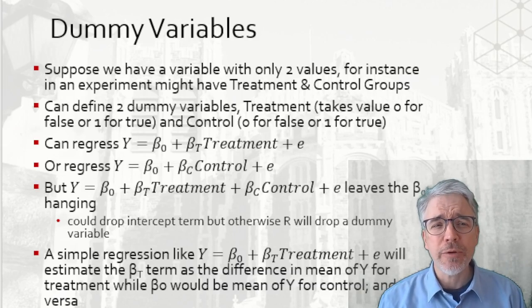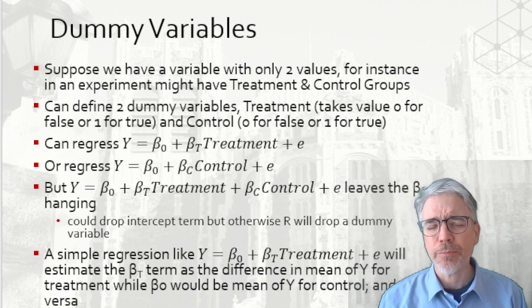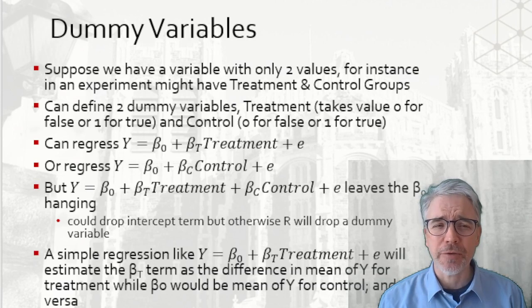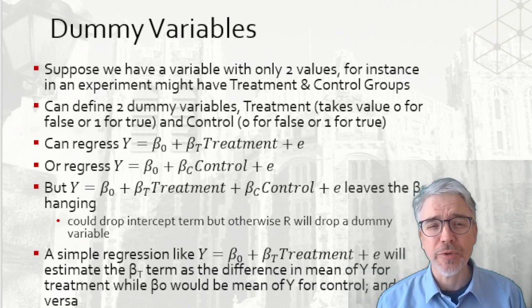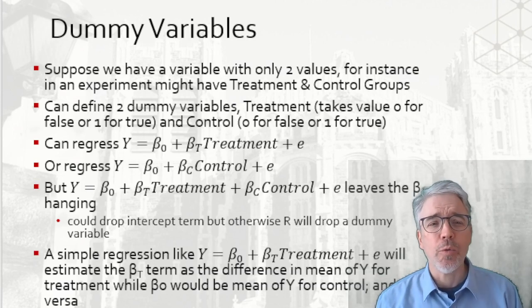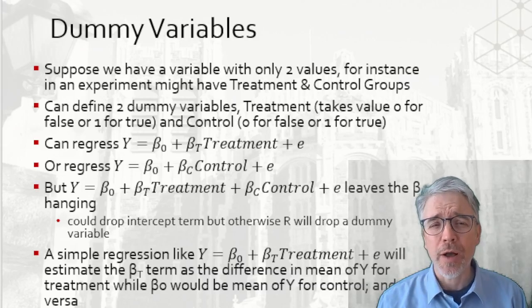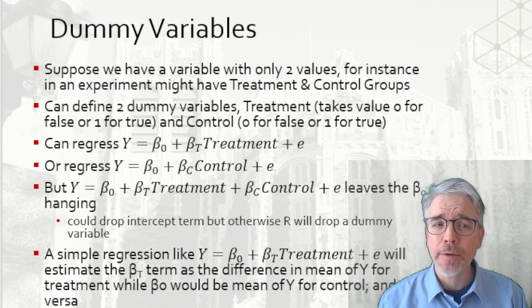So we could do either of two regressions. We could, or back off, say not even regressions, any comparison, but regression as a specific comparison. We could do a regression y is beta naught plus beta t treatment plus some error. Or we could say y is beta naught plus beta c times control plus some error.